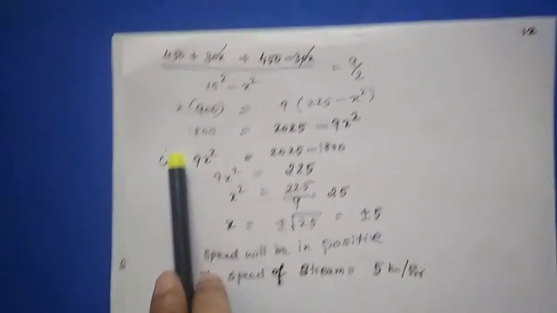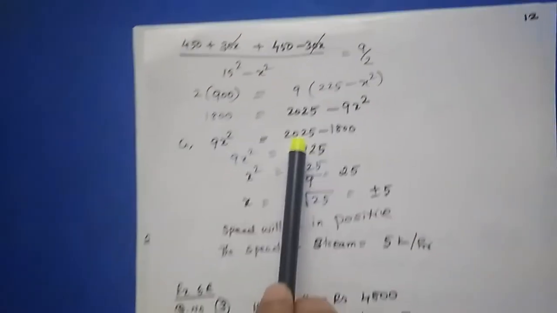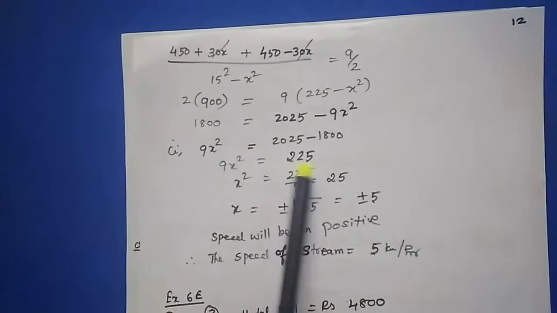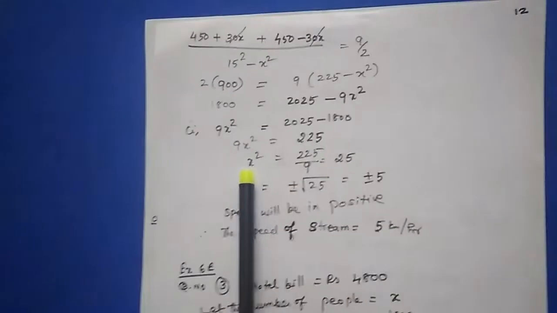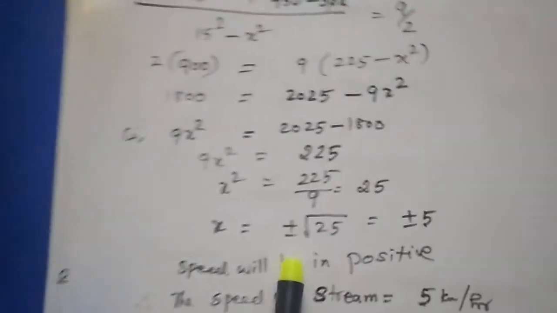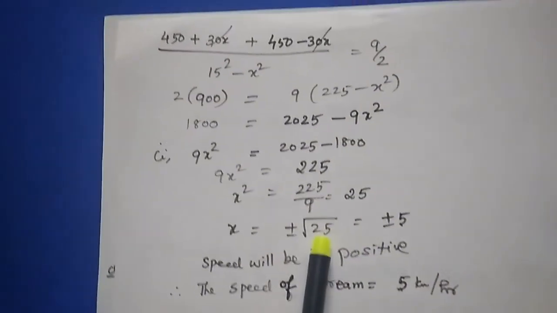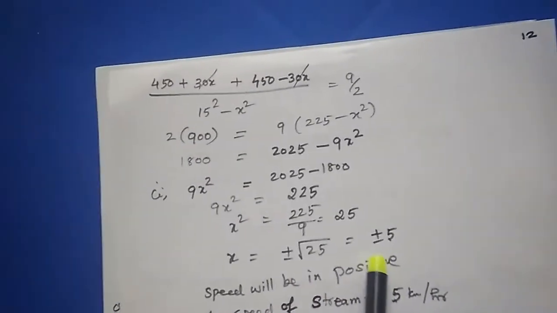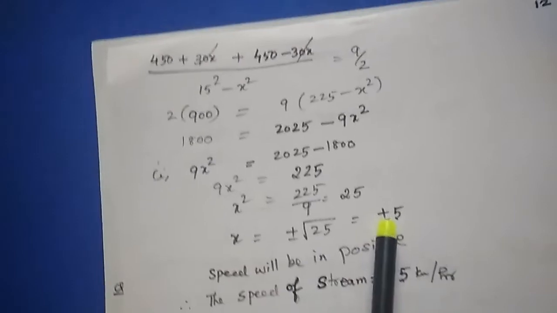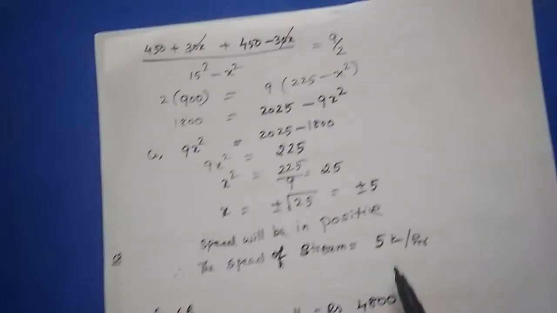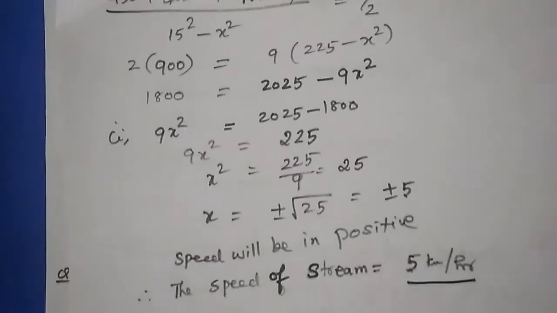Bring it to the positive side. 9x squared is equal to 2025 minus 1800. 9x squared is equal to 225. x squared is equal to 225 by 9, which is 25. x is equal to plus or minus 5. So definitely speed will not be negative. You have to take the positive value only. Therefore, the speed of stream is equal to 5 kilometer per hour.